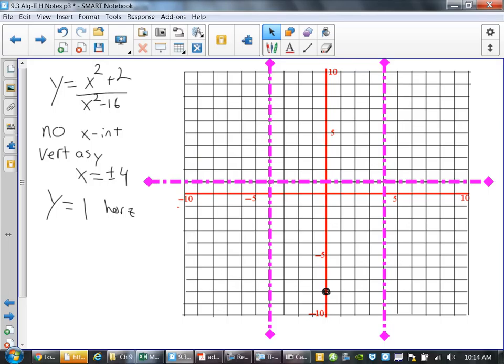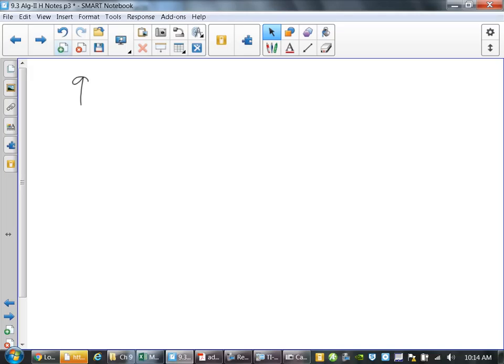Let's try and do some of these on graph paper. They should work out. So this is still 9-3, on page 551.